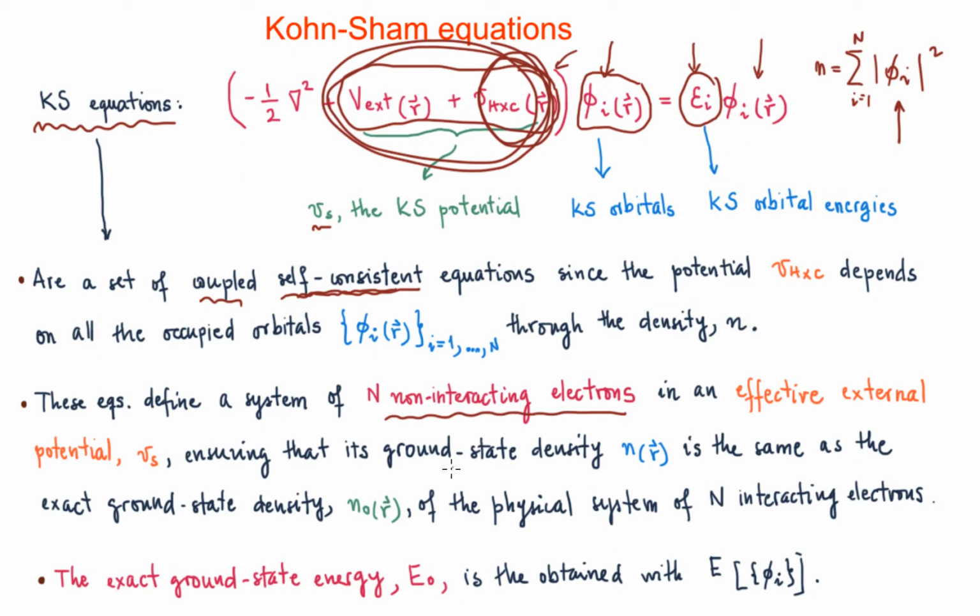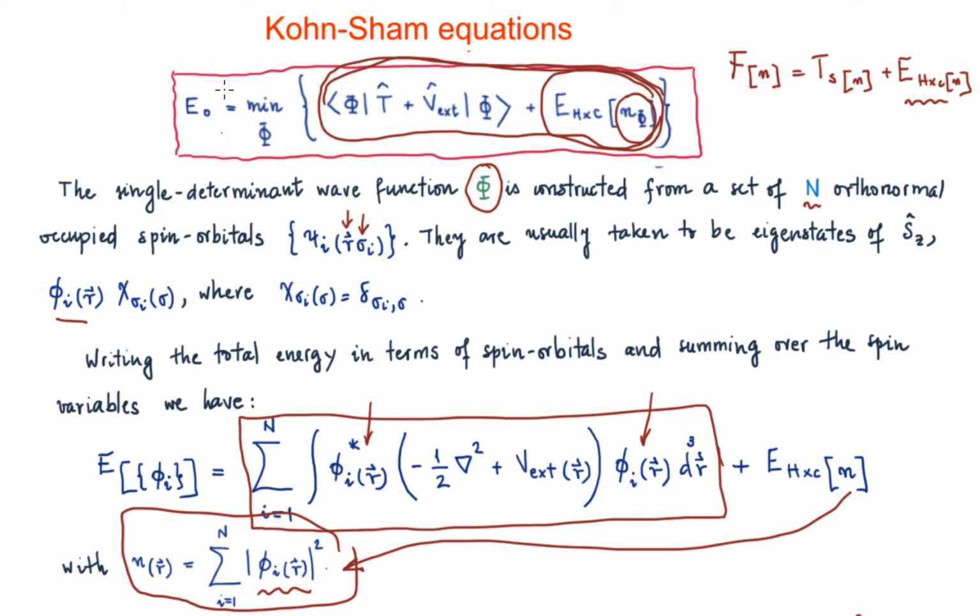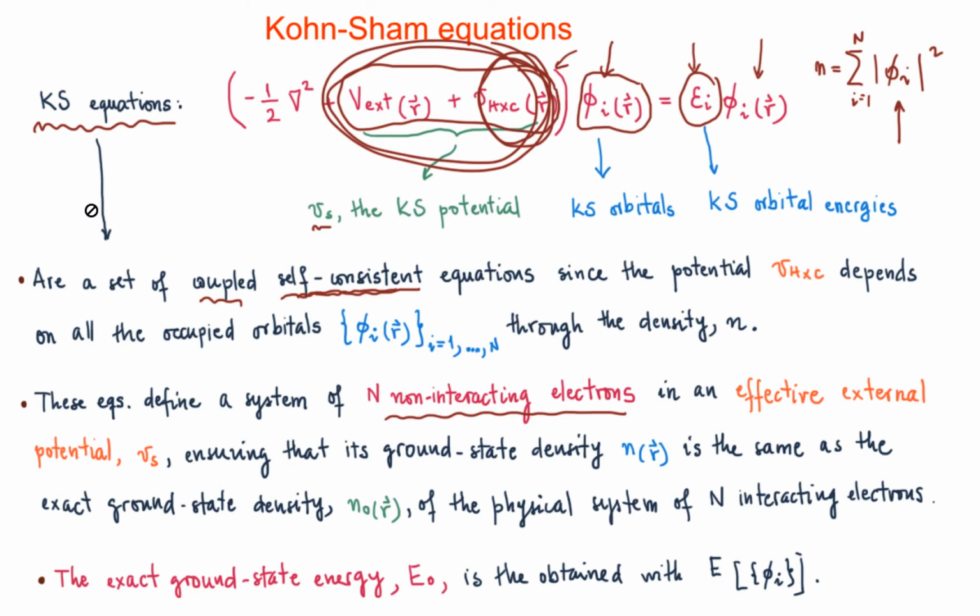Not only that, besides that, the ground state energy of the physical system can also be obtained once we have the one electron orbitals satisfying these Kohn-Sham equations. The exact ground state energy is obtained just using those expressions.